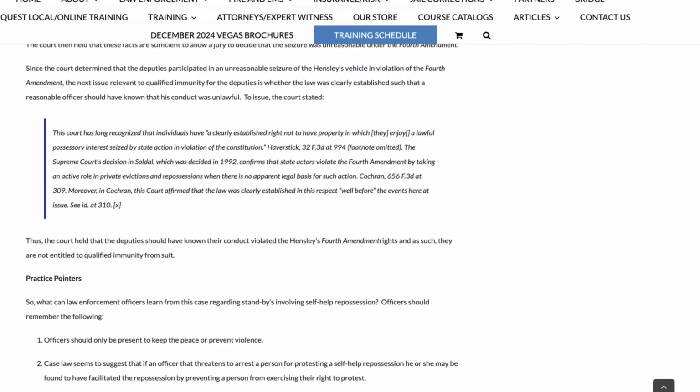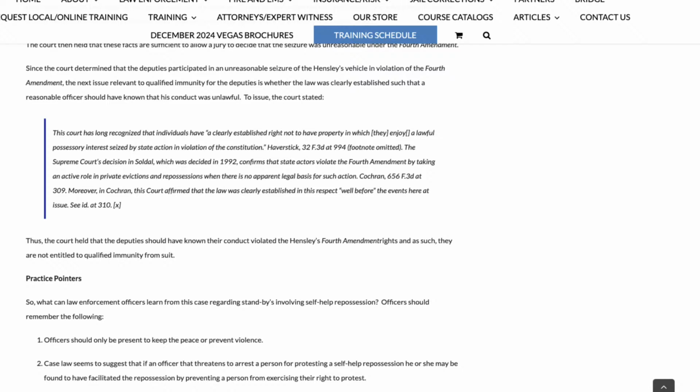The Supreme Court's decision in Soldal, which was decided in 1992, confirms that state actors violate the Fourth Amendment by taking an active role in private evictions and repossessions when there is no apparent legal basis for such action. Cochran, 656 F.3d at 309. Moreover, in Cochran, the court affirmed that the law was clearly established in this respect well before the events here at issue.